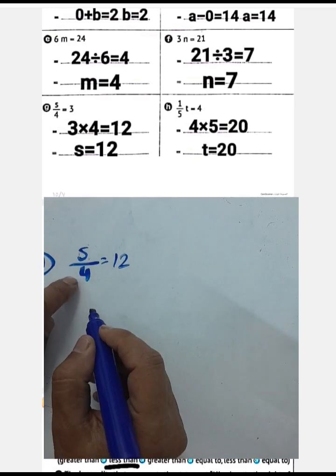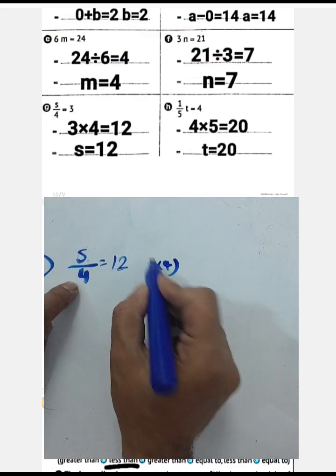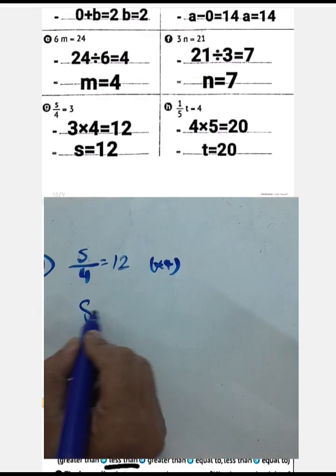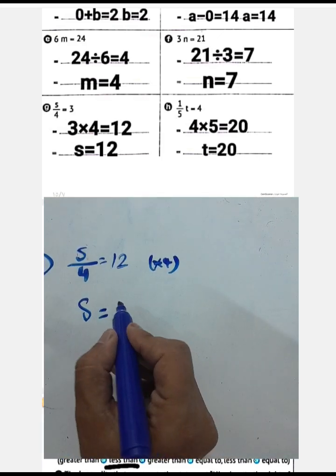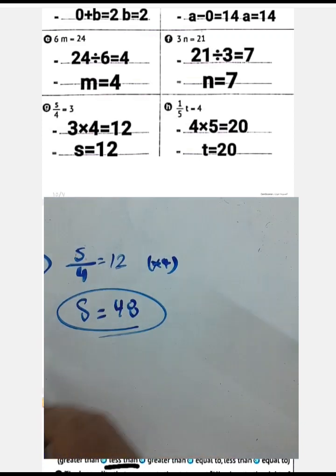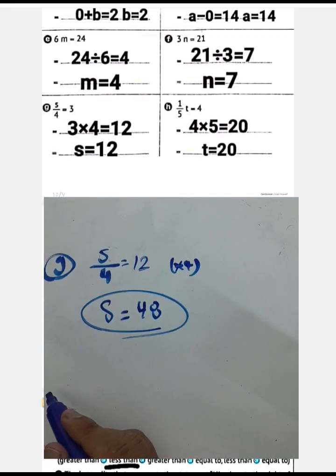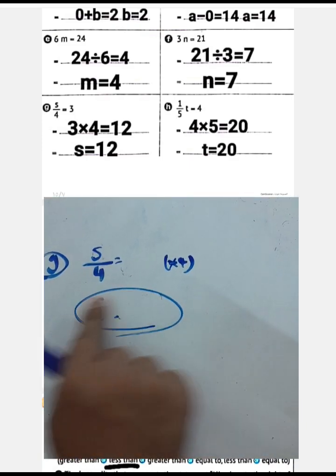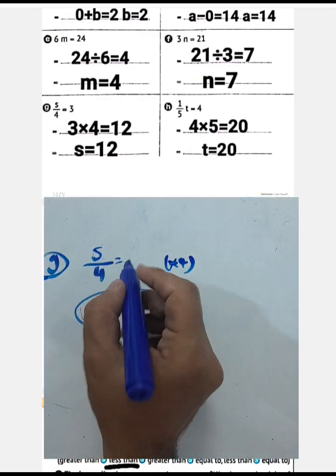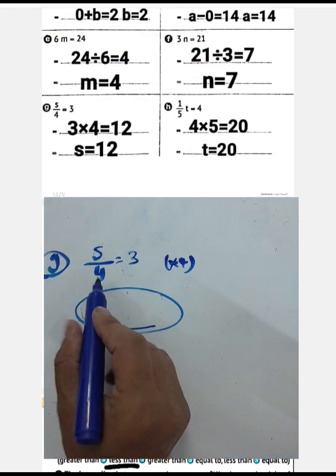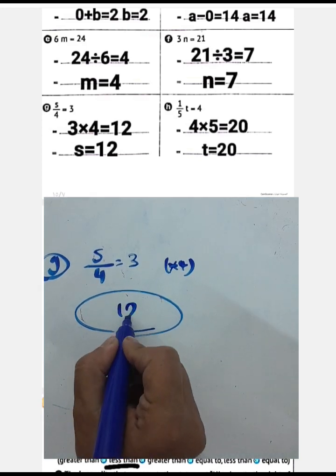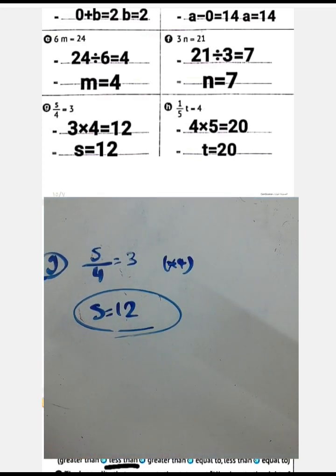We can cancel the denominator 4 by multiplying by 4 on the left-hand side and right-hand side. 4 divided by 4 equals 1, 1 times s equals s, and 3 times 4 equals 12. Then s equals 12.